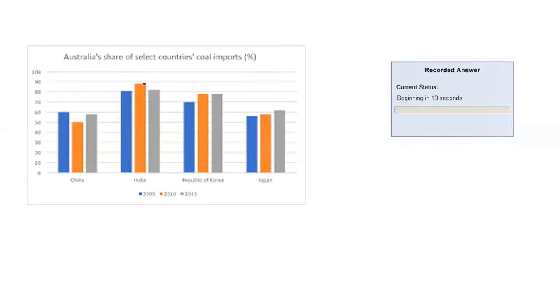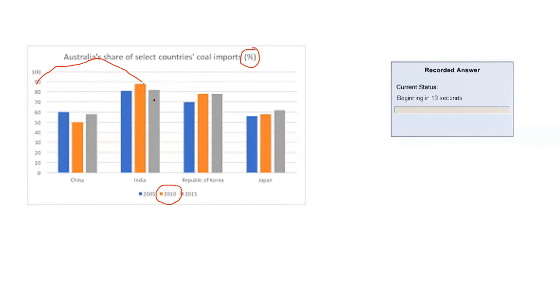You can see that the highest is in the period of 2010 and it is approximately less than 90, that may be 88%. So the highest value is for India during the period of 2010, it stands at 88%, right?